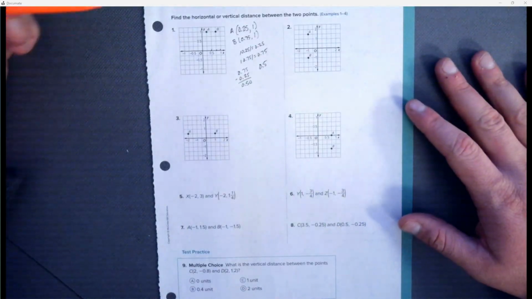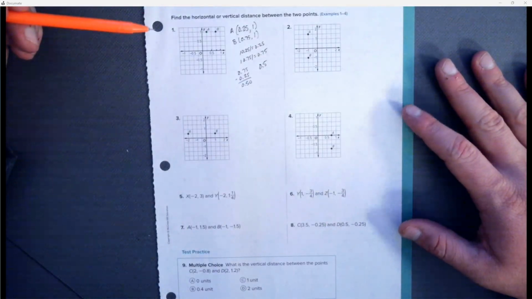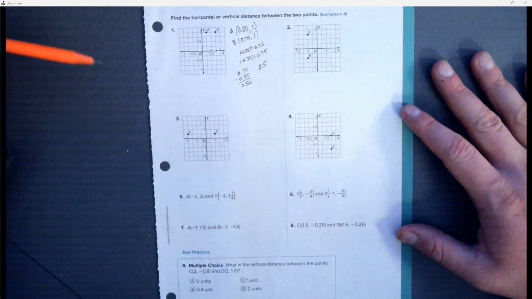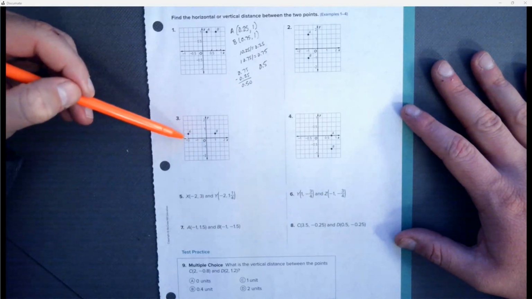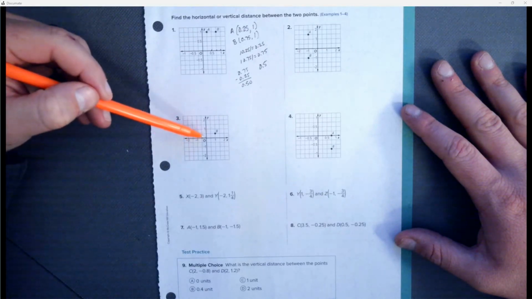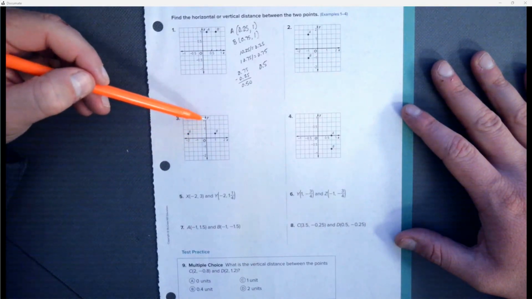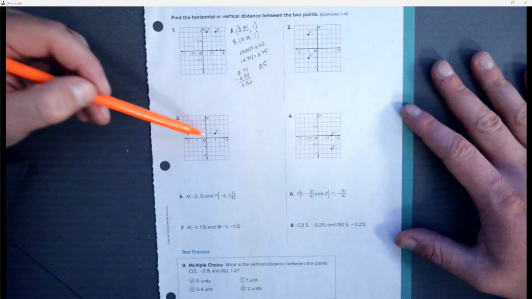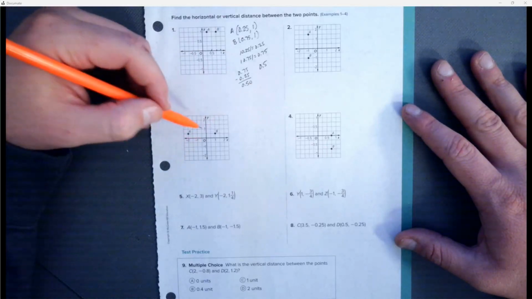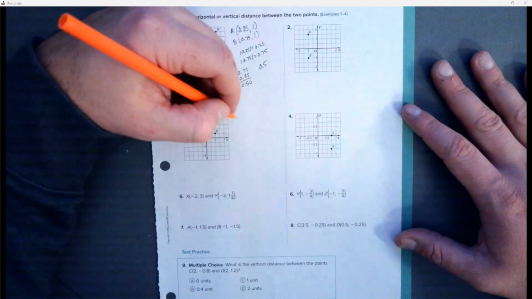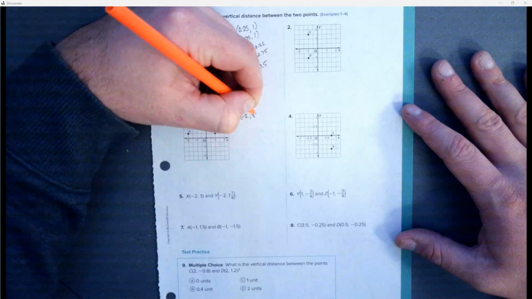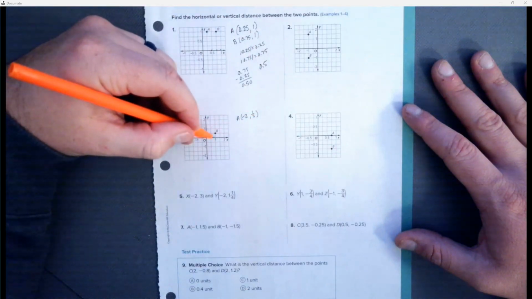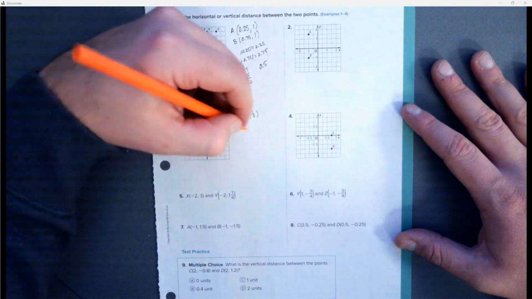Number 3, we're going to find the horizontal distance between 2 points that are in different quadrants. A is at -2, and it looks like each box represents a half, so -2 is the x, and +1/2 is the y. And B is at +1, +1/2.